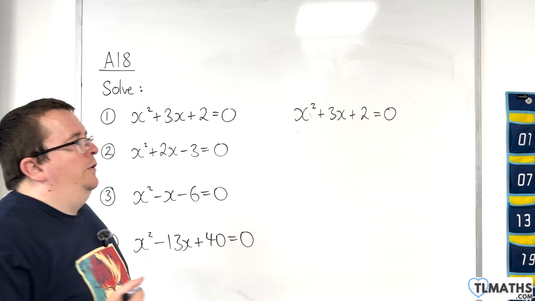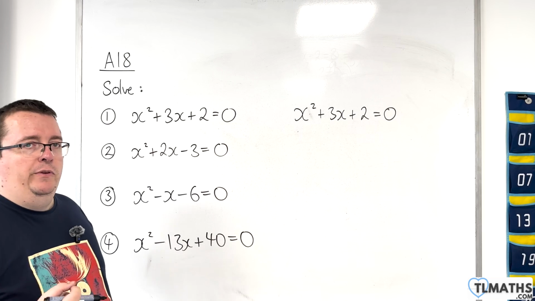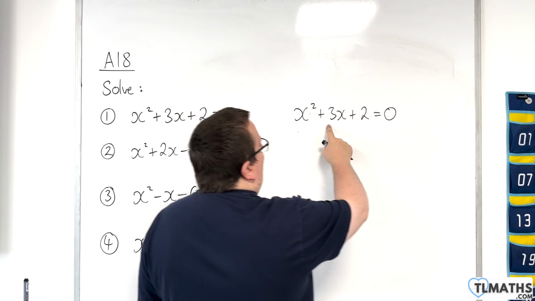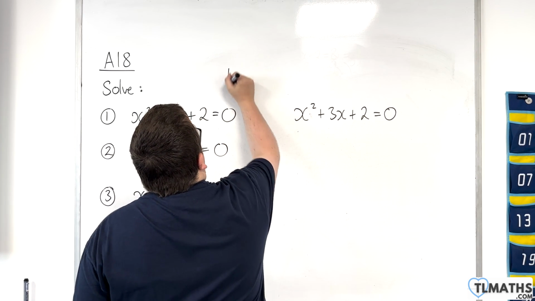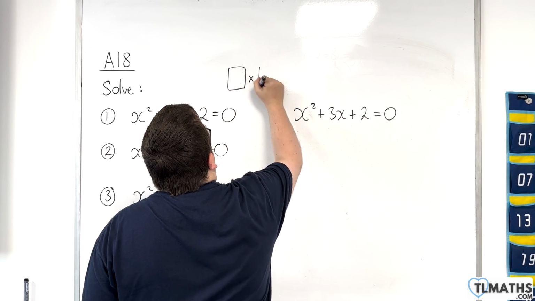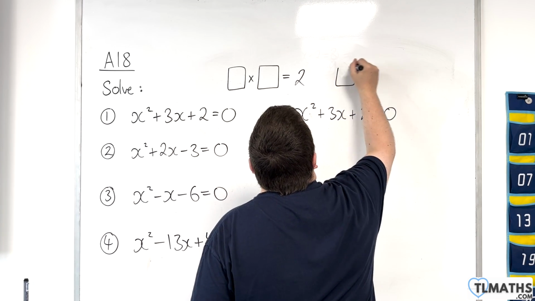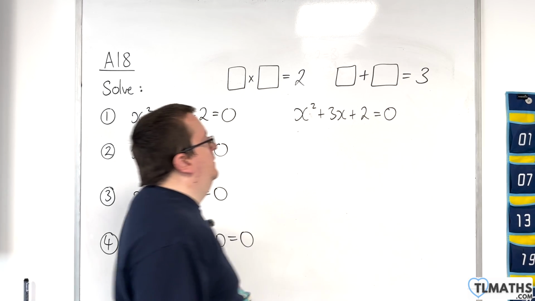Okay, so when we're factorising one of these, we're looking for 2 numbers that multiply together to make 2, but add together to make 3.